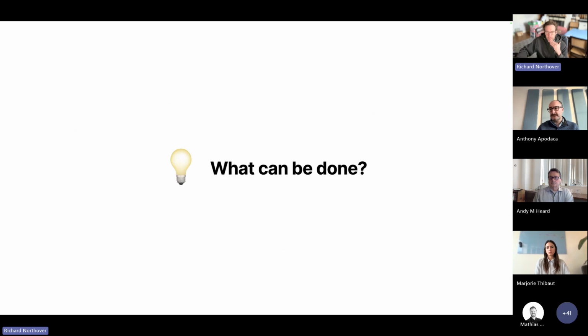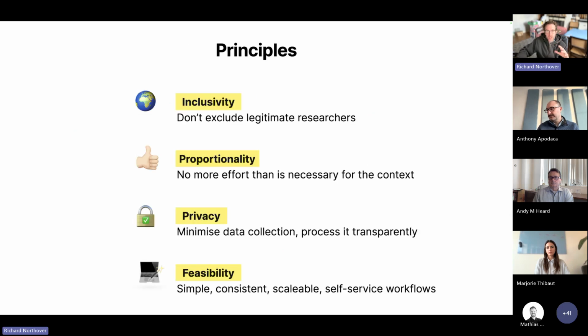So what are we going to do? Well, first of all, some principles to lay out. First of all, we need to make sure that we don't exclude legitimate people in the process of weeding out bad actors. Next, we need to make the process easy because, as we know, workflows can be burdensome enough as it is.